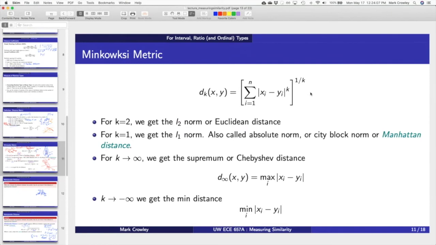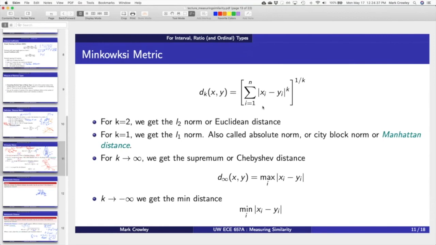Because what is it if it equals 2? Then that becomes a half, and this becomes 2, and the half is a square root. So you get Euclidean distance, which is the Pythagorean theorem, that the hypotenuse of the triangle is equal to the square root of the sum of the squares of the sides of it.